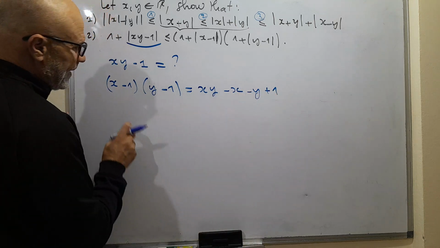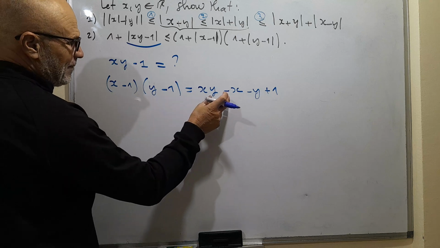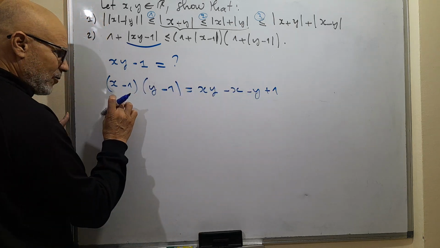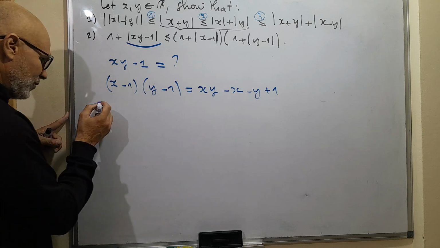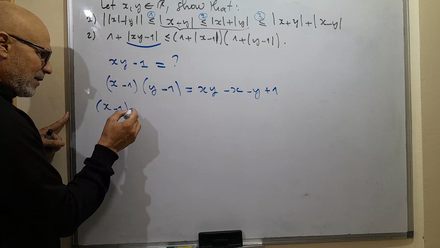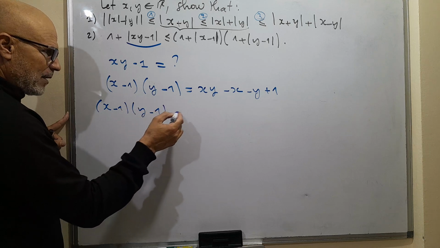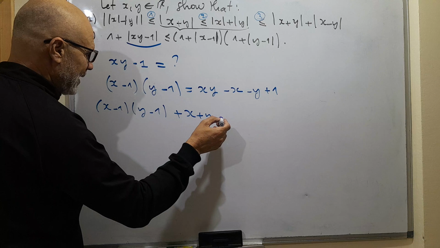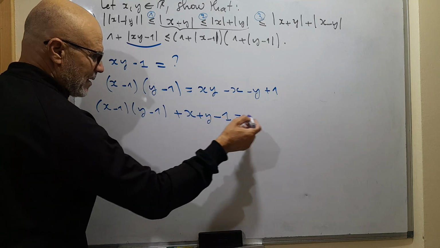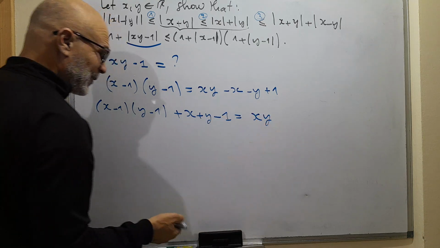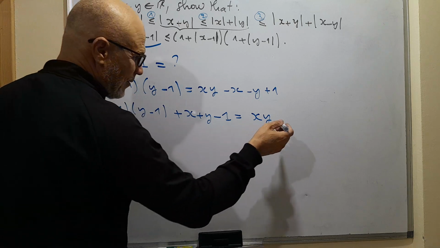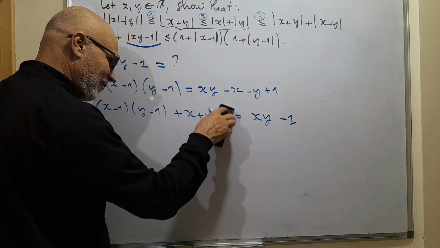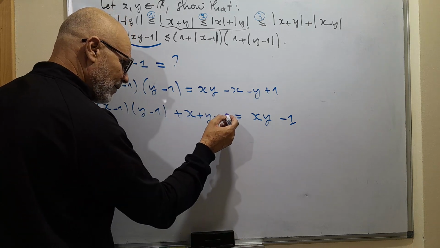So this is this. Here I will take this to this side. We get x minus 1 times y minus 1 plus x plus y minus 1, which is equal to xy. I need minus 1, so I put here minus 1 and minus 1 here, which will be minus 2.